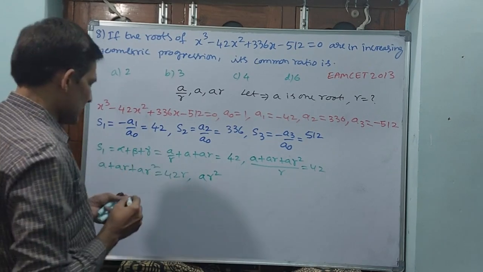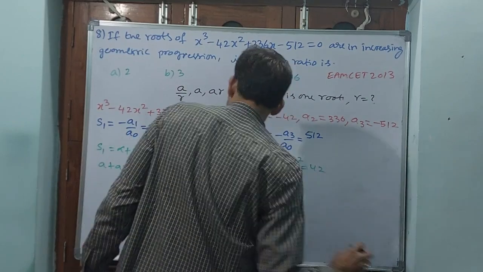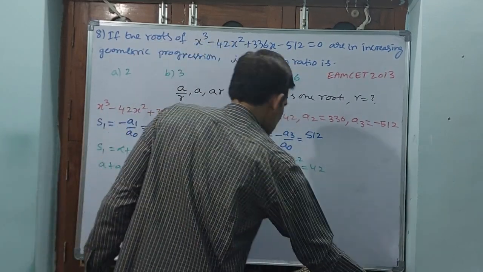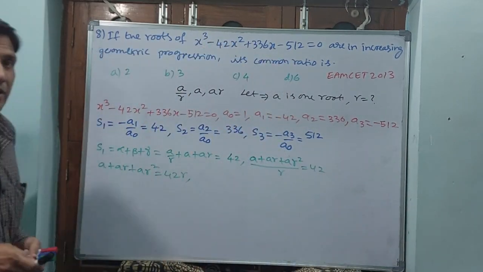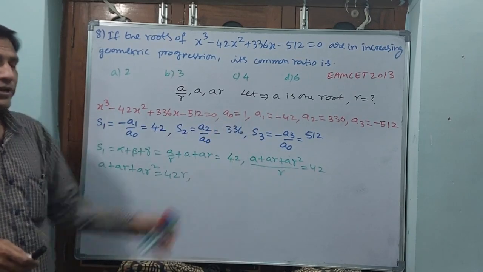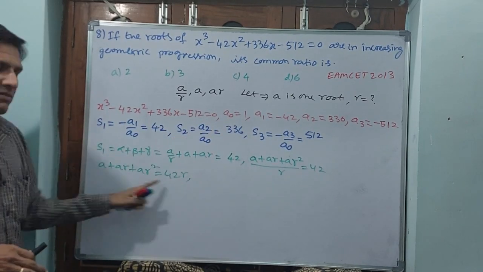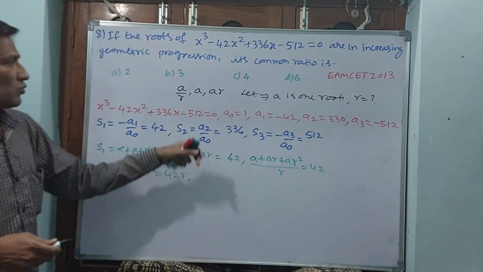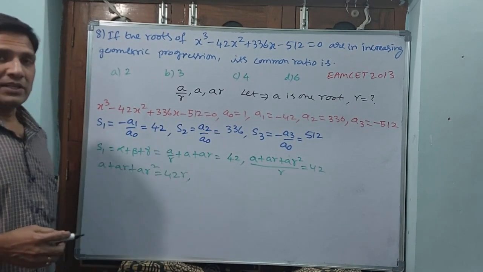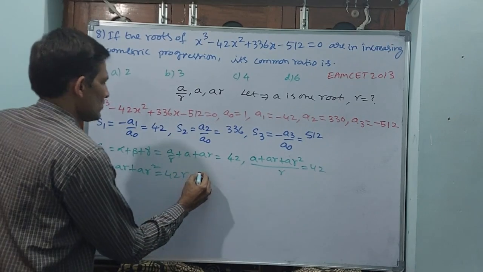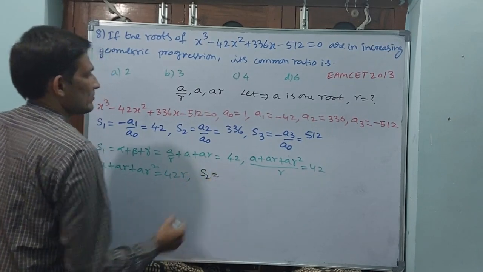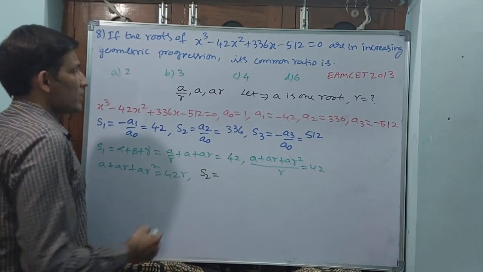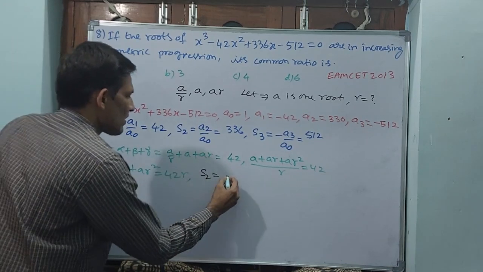Okay, now wait. Why? Because we will get the A value. If we get the A value, then this much headache we need not take. In S3 we are going to get the A value. Wait. S1 whatever we have written until here. Okay, now go back for S2. S2 is 336. Write down then. S2 is equal to alpha beta. Alpha beta means what we are going to write?